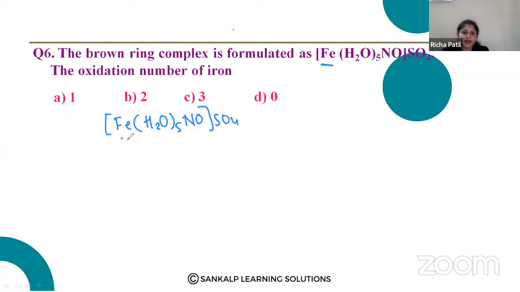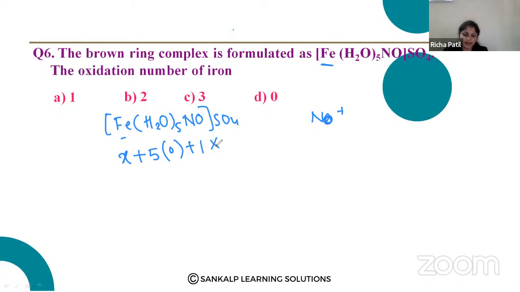So what you have to find is this Fe. Write it as X. Each water molecule is 0, so it will be 5 into 0. Then plus NO, which will always be in +1 state. So this will be +1.